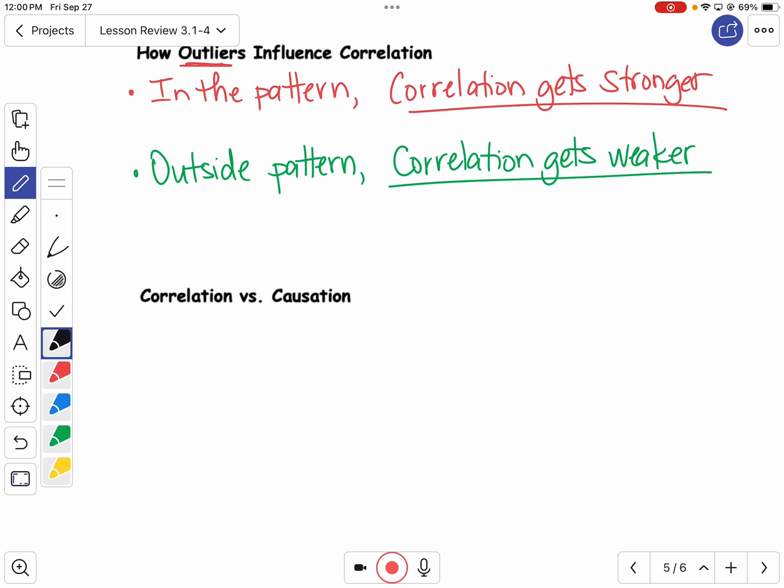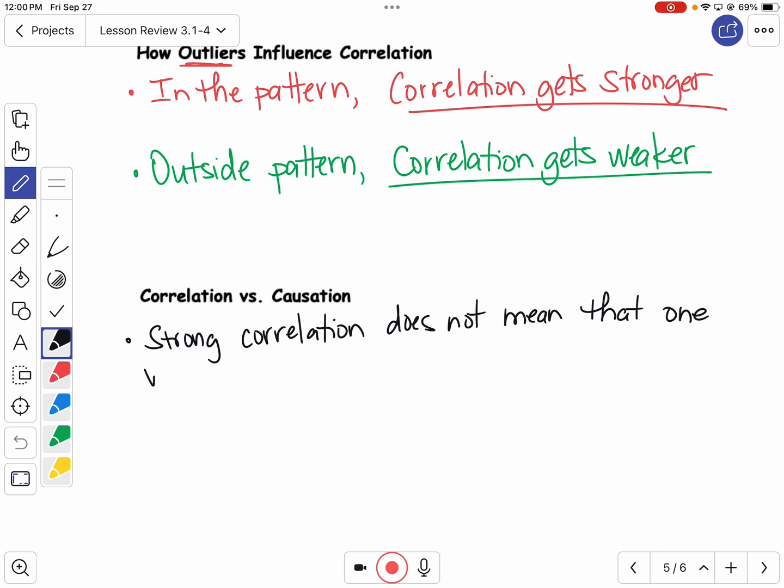And then this whole thought of correlation versus causation, okay? A strong correlation, so just because we get this nice linear pattern, does not mean that one variable causes the other. It could cause it, but it may not. So they call it causation. Okay? And here's an example.